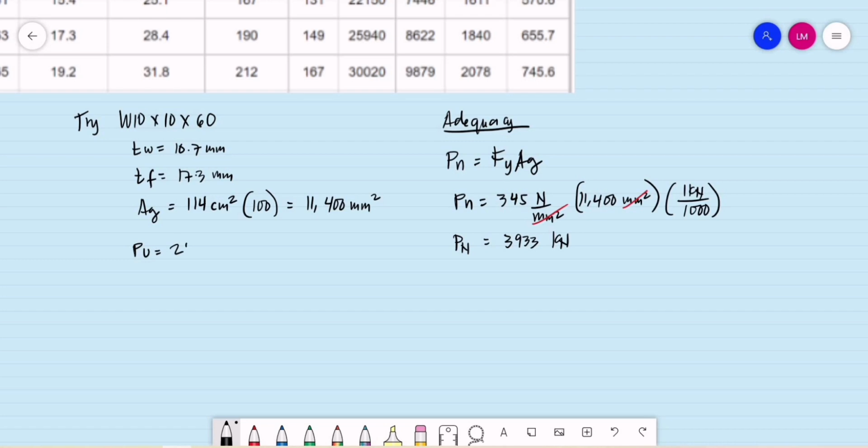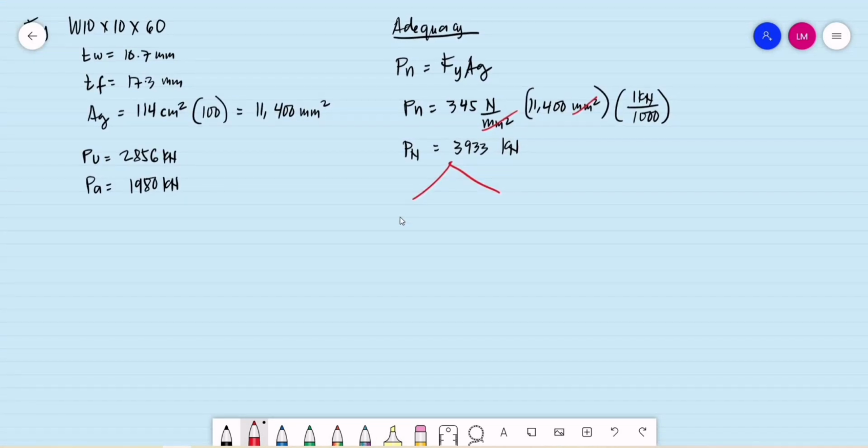Our Pu is 2,856 kilonewtons. Our P allowable is 1,980 kilonewtons. So let us just check its adequacy under the two methods, under LRFD and under ASD.